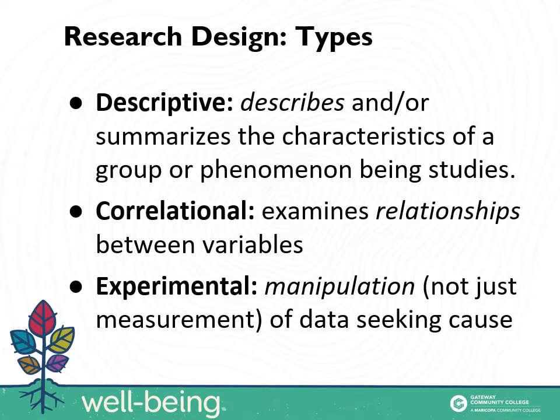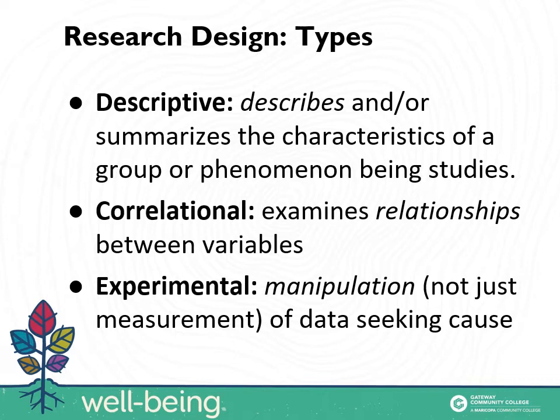That means, do we want to know what the average test score is? And so we would gather all the test scores together, and we would be able to describe and summarize the characteristics of the group by the distribution of the grades. A correlational study looks at relationships between variables, and then experimental is actually manipulating and not just measuring different variables and seeking a cause.